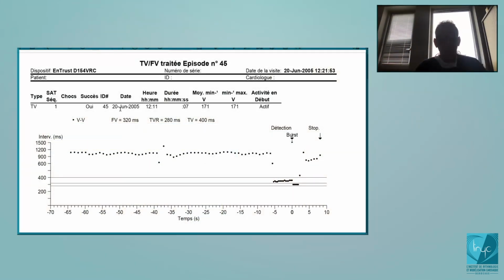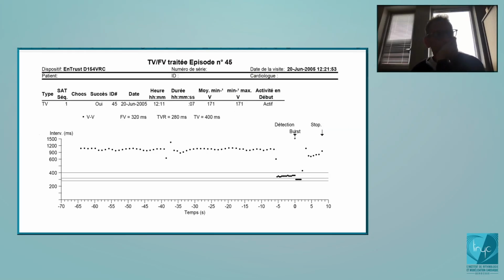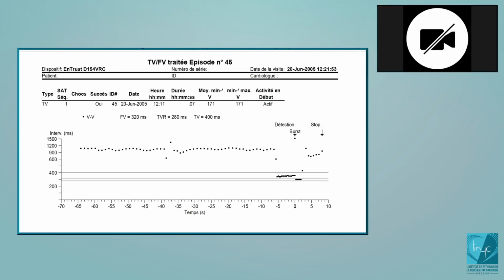So what do you think here? Jan, you're still there? Yes. So, a single chamber ICD, this time with several zones: the VT zone, fast VT zone, and a VF zone.